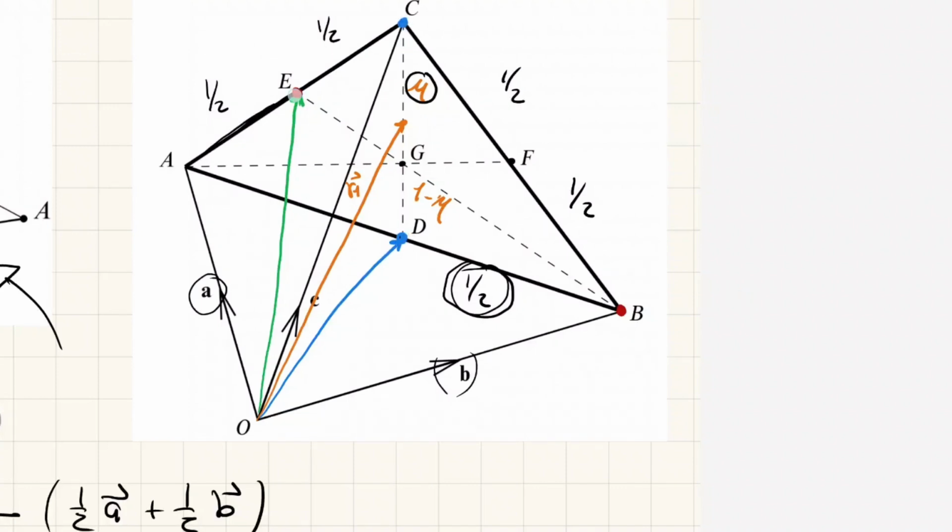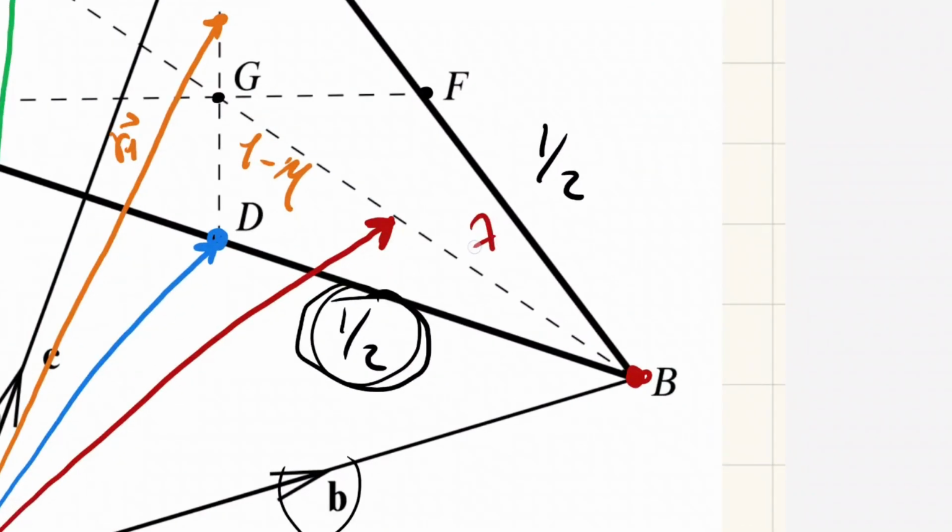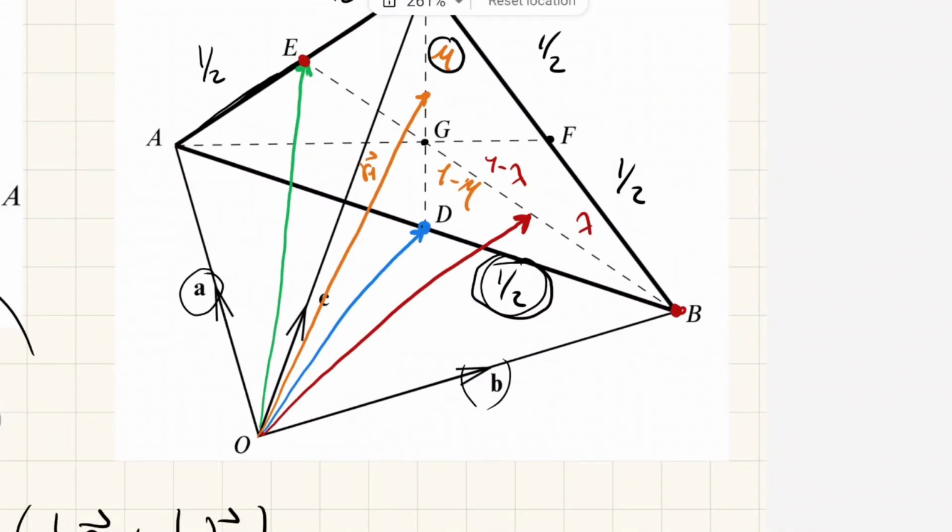Now we are looking at the segment EB to define a vector that is always going to be on that segment, parameterized with the ratio lambda, 1 minus lambda, okay? So that there will be a point where R1 and this new vector R2 are going to match. And that point is, of course, the centroid that we're looking for, right?